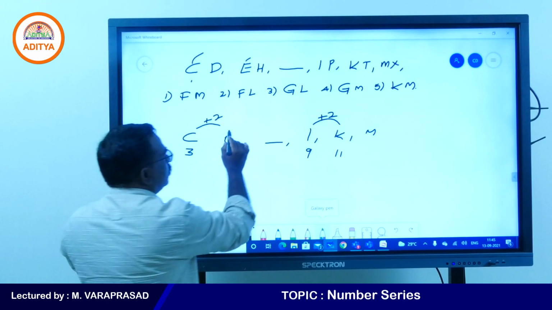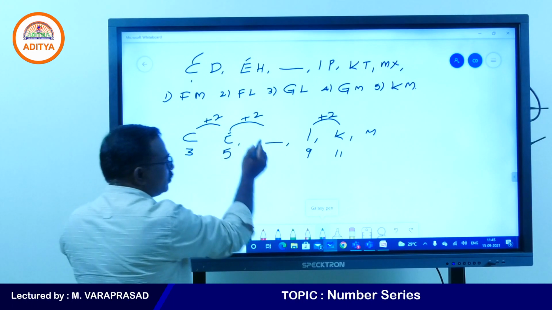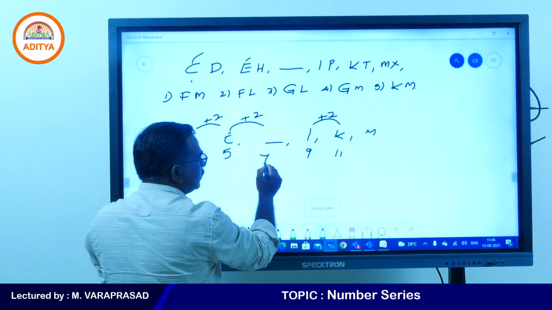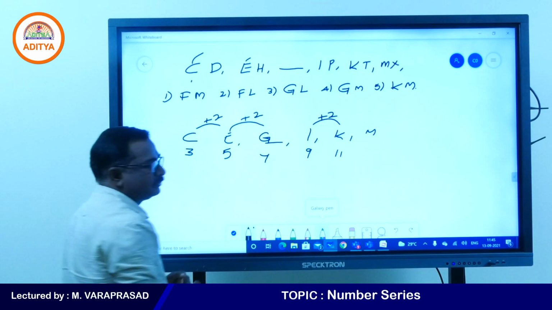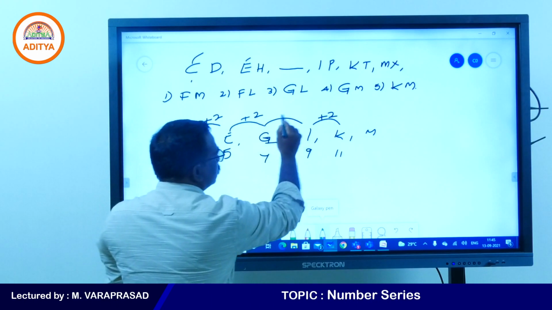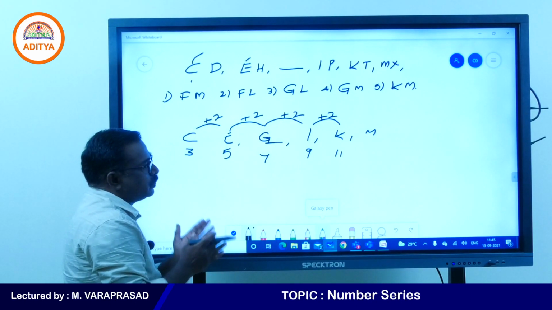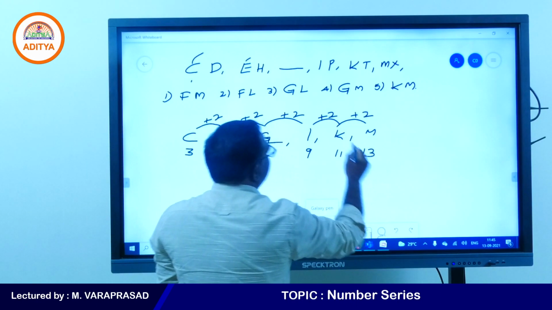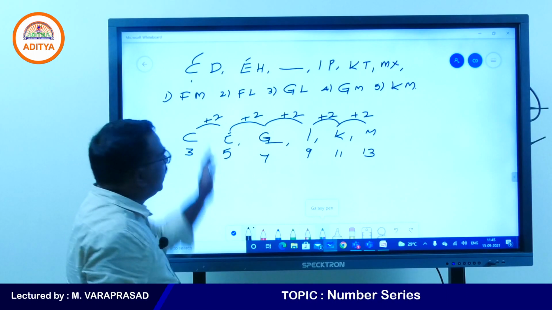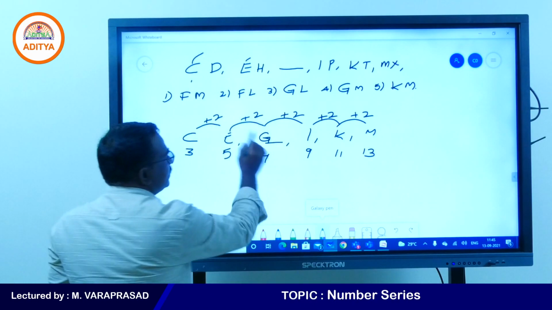So +2, the 7th letter, that is G. Again +2. So the difference is going on constantly, +2, +2, +2. This is the first letter series, so the answer here is G.